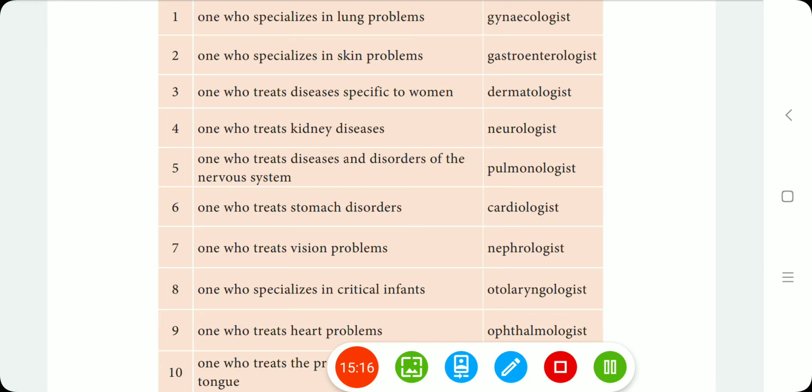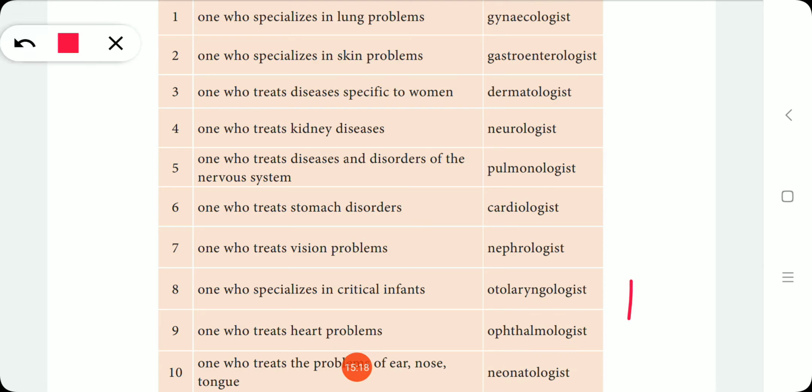One who specializes in lung problems, we call them pulmonologist. Skin problems, we call them dermatologist. One who treats diseases specific to women, we call them gynecologist. One who treats kidney diseases, nephrologist.